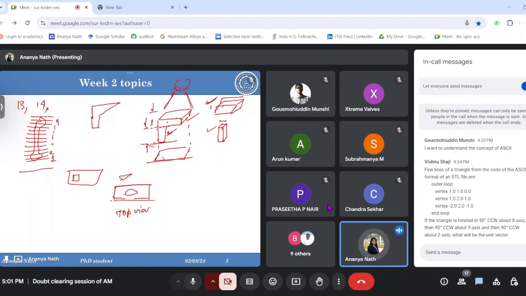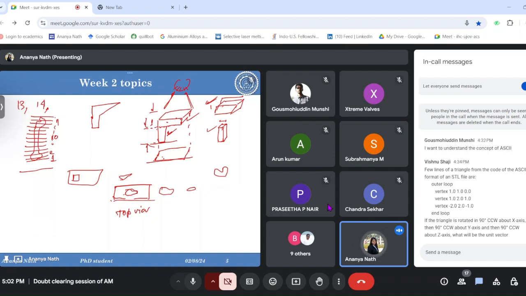For the second layer, again the contour will look like this. Suppose this is the 10th layer, it will look like this. For the nth layer, it will somehow look like this. If we are just cutting the bone into thin slices, and now you just try to imagine the periphery of that slice, that is the contour.